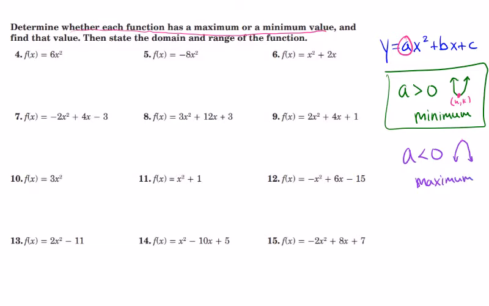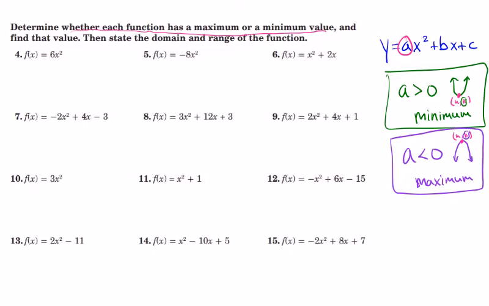It's still going to be h, k, but in this case it'll be a maximum. So k is the maximum, and k is the minimum, but you have to know when each happens.